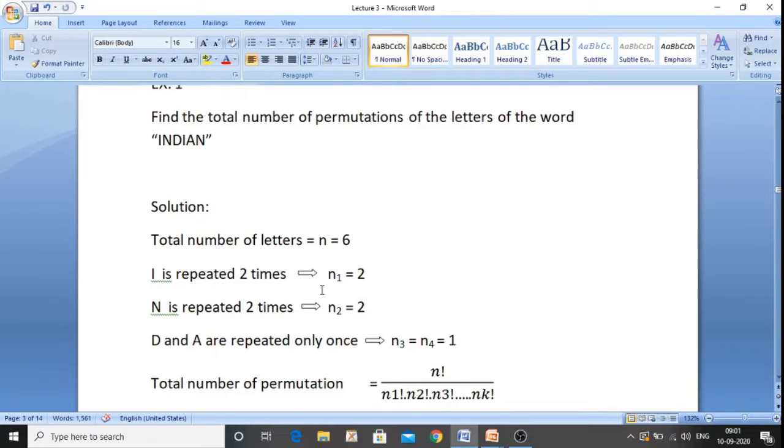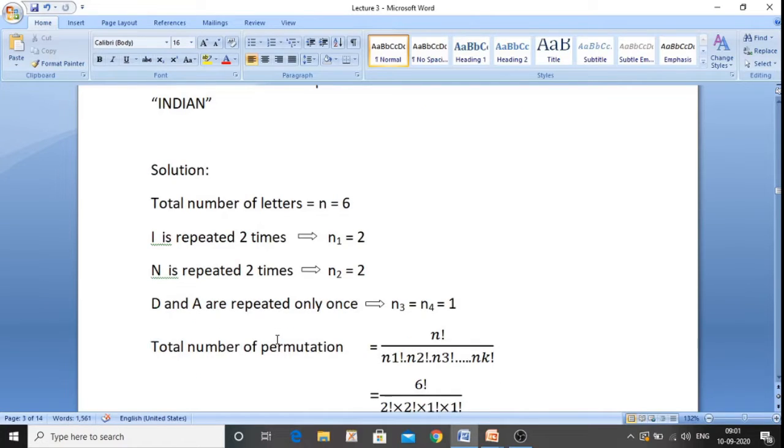So I is repeated 2 times. Therefore n1, the first kind, is equal to 2. Then N is repeated 1, 2, so N is repeated 2 times. Therefore n2 is equal to 2. D and A are not repeated, they occur only once. Therefore n3 is the same as n4 and that is equal to 1.